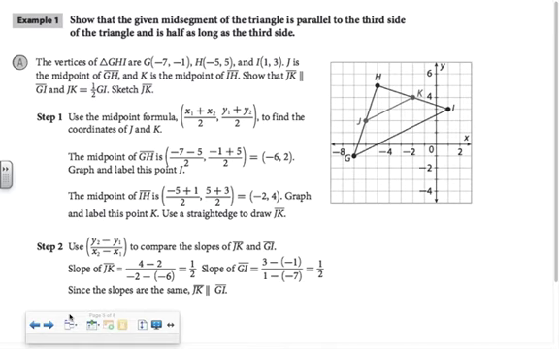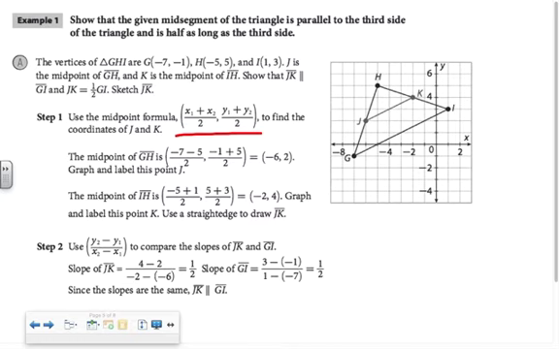And in this example, example 1 part A, they have us showing that algebraically. So they have the triangle HGI, and they algebraically found the midpoints J and K using the midpoint formula. Remember, you saw that in Module 1. It's just the average of the x's and the average of the y's.